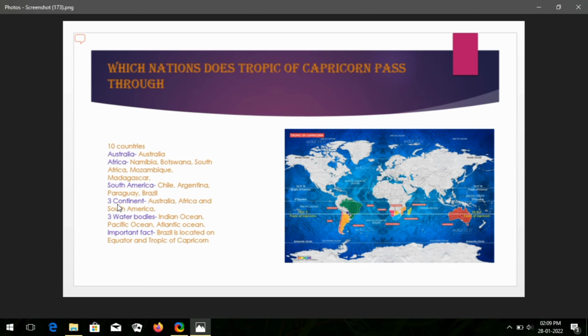And if you talk about the 3 continents, Australia, Africa, and South America, fine. There are totally 3 continents involved here, right? And 3 water bodies: Indian Ocean, Pacific Ocean, and Atlantic Ocean, as I told you earlier, fine. And one major important fact you can write down, friends. This is a very significant point for your examination perspective.